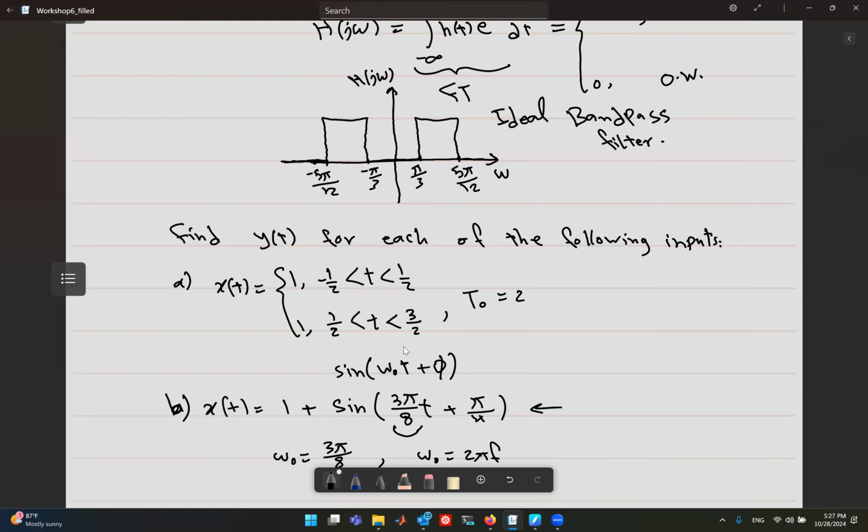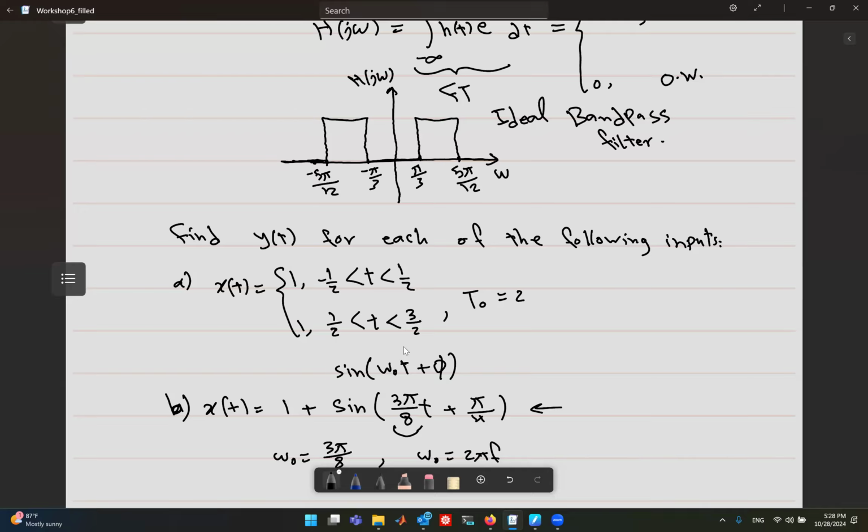So it will be killed. If the input of the system is any signal that has a frequency outside those two bands, the output will be just 0. And if it's inside this band, it will pass without even being affected, since the scaling here is 1.